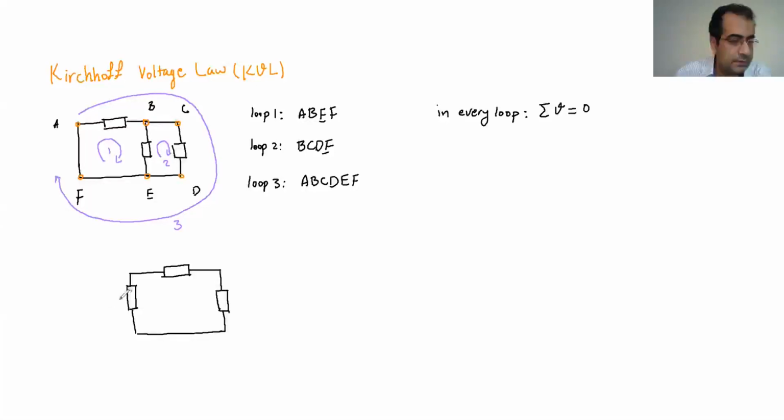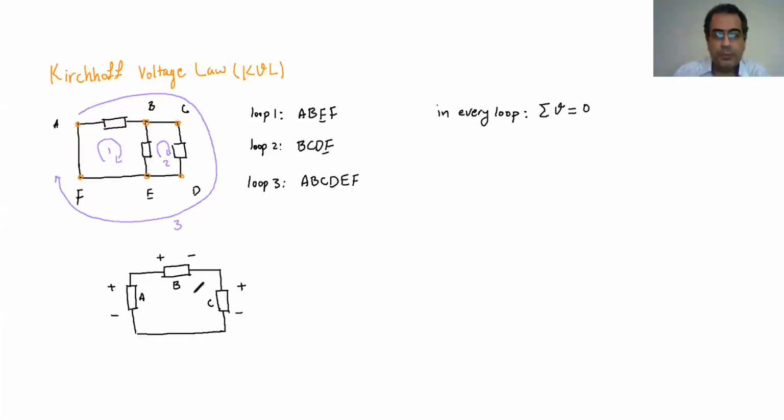I will call this A, this B, and this C, with negative, positive on one, and positive, negative on another. When we analyze the circuit, we will know them, but for now, you assume these are the polarities we have.